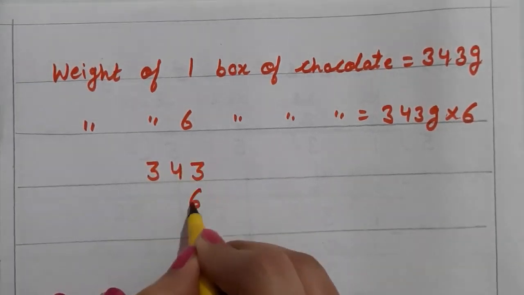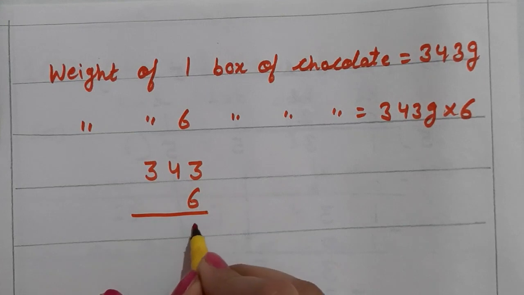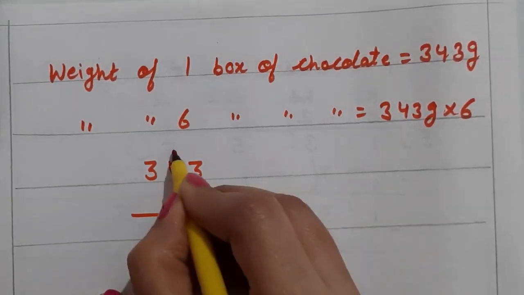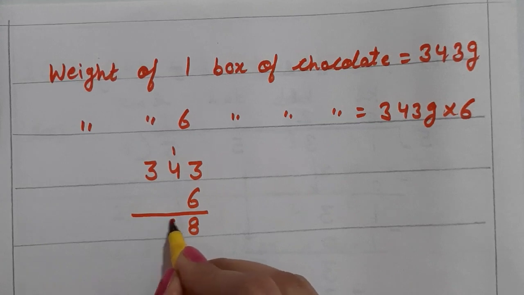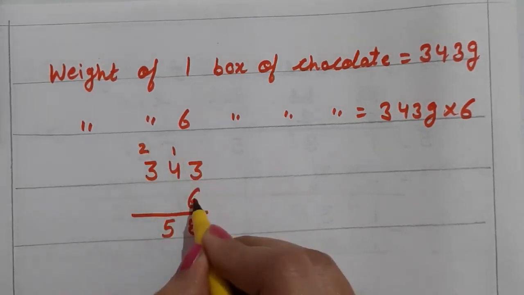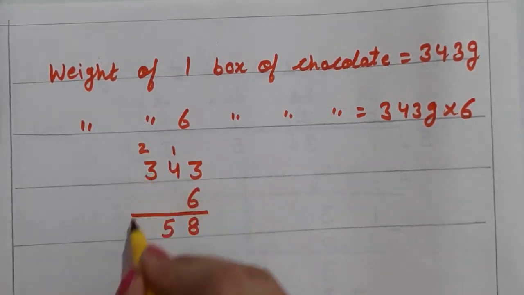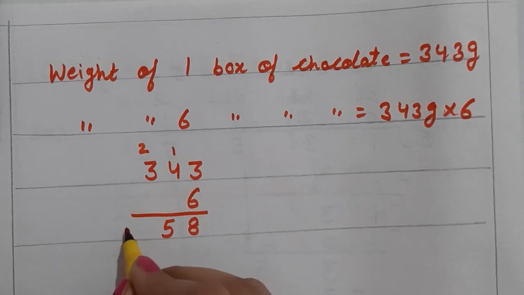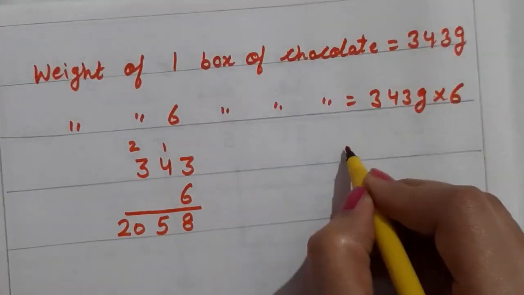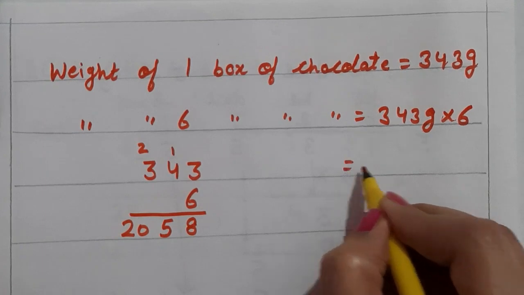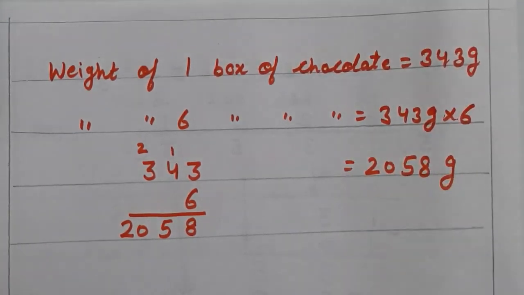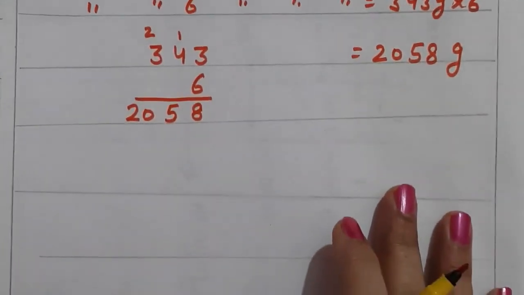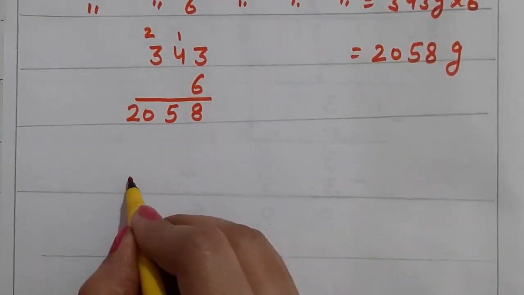343 multiply by 6. 6 3s are 18. 1 carry, 6 4s are 24. Plus 1, 25. 5, 2 carry. 6 3s are 18. 18 plus 2, 20. So it is equal to 2058 gram. But we have to find out the answer in kilogram. It is asked.